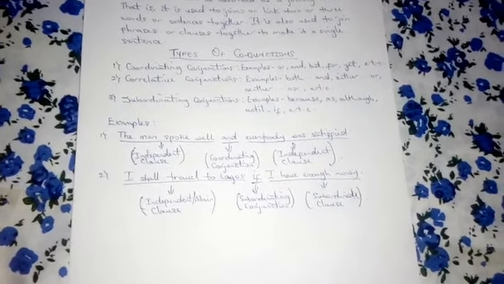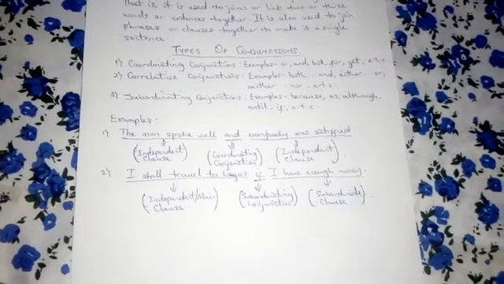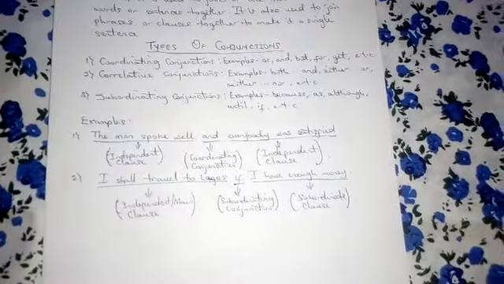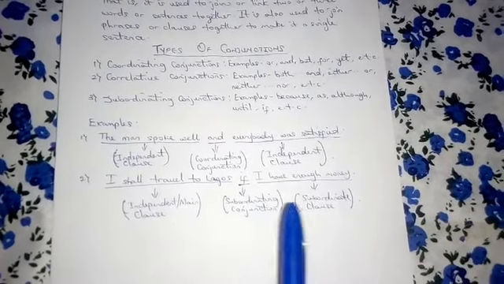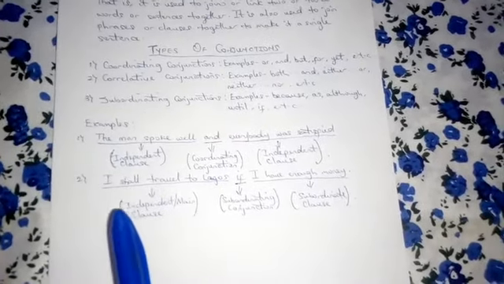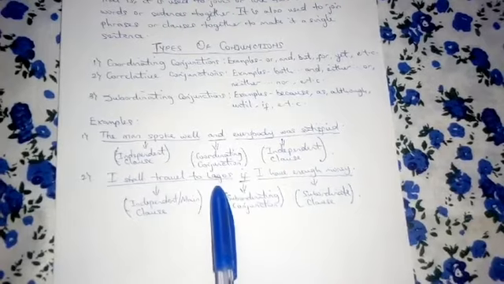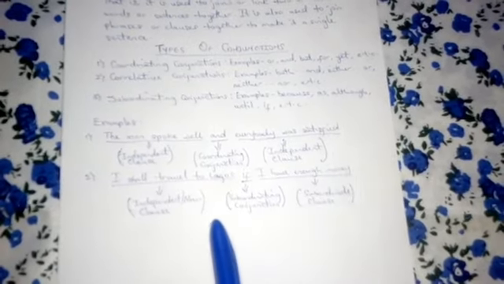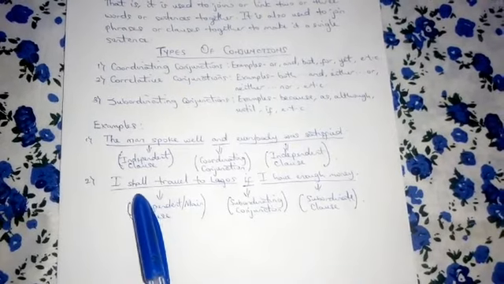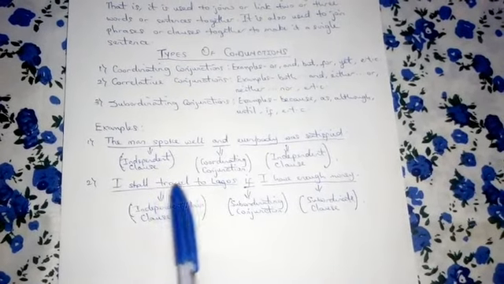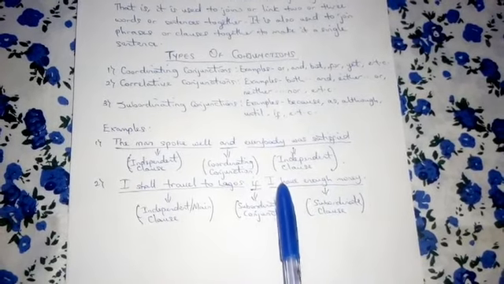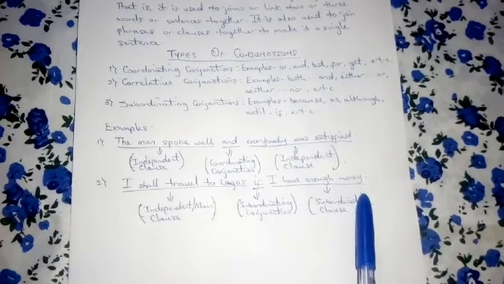Now, number 2, I shall travel to Lagos if I have enough money. Now, I want to talk about subordinating conjunction. I shall travel to Lagos if I have enough money. The first sentence is I shall travel to Lagos, while the second one is I have enough money.